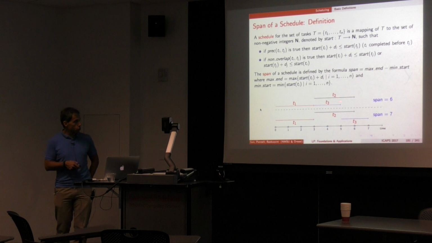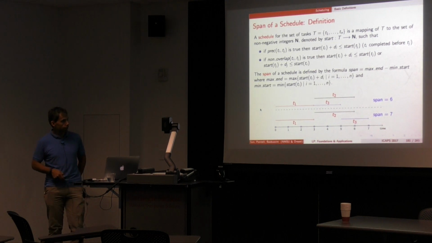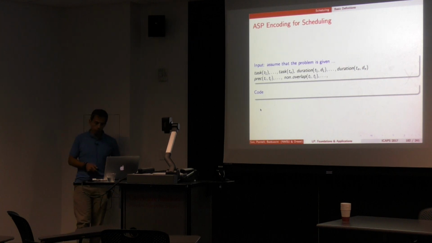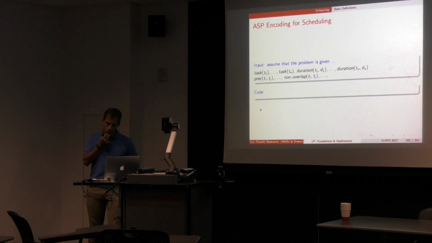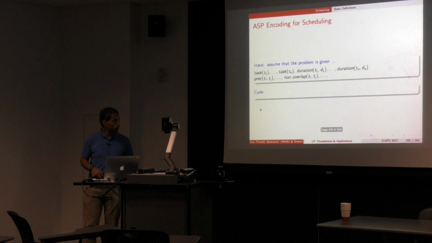So of these two schedules, we can see pretty easily that the first one has a span of 6 because we start at 0, we end right at 6 here, whereas this second solution has a span of 7. So as I was saying, oftentimes our goal in scheduling is that of minimizing the span. So in that case, we'll prefer the first solution to the second one.